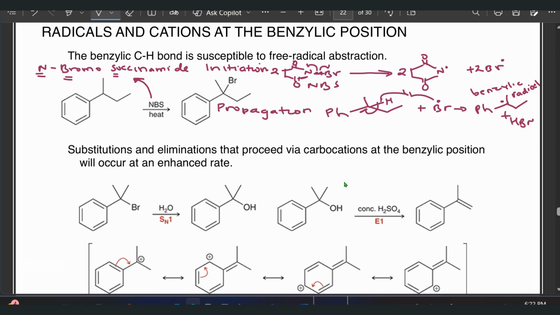It's stabilized by resonance, after which you are able to do your final step, which is called termination.